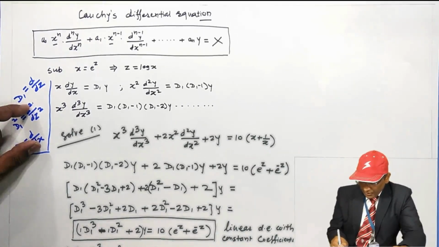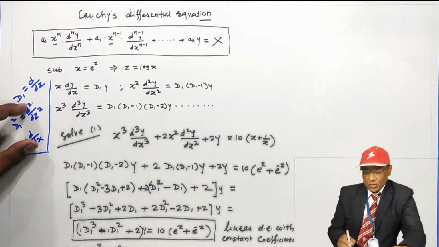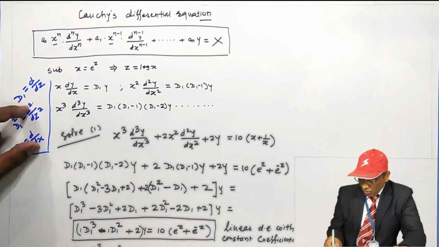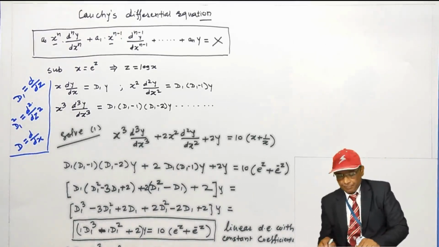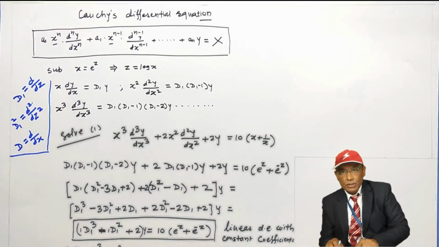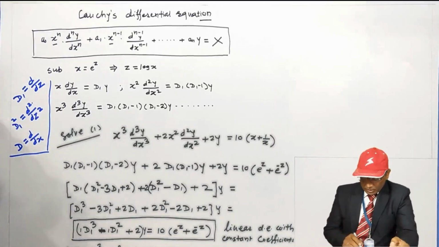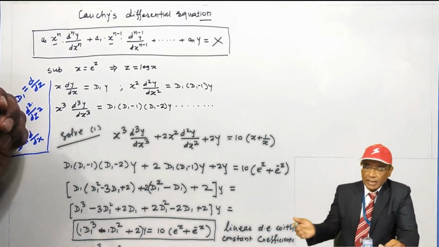Therefore, complementary function C2 e to the power alpha z, C2 and C3 because C1 is exhausted, C2 cos beta, beta is 1z, plus C3 sin 1z. Okay, this is the complementary function. Here the single root is real and these two roots are imaginary and different. This is the complementary function in terms of z, and finally we will write in terms of x in the last step.